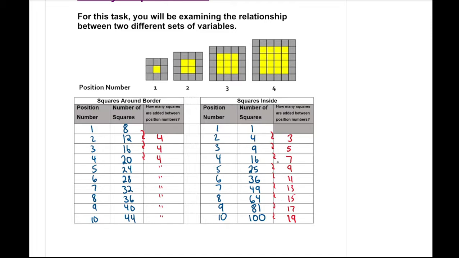But if we look at the visual aspect of it, the inside squares form a square themselves, and the size of it is dependent on the position number. We have a 1 by 1 square in the middle, a 2 by 2, 3 by 3, and 4 by 4. So we should see that kind of pattern: a square in the middle, and the size of the square is based on the position number.